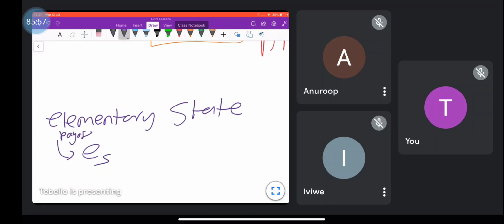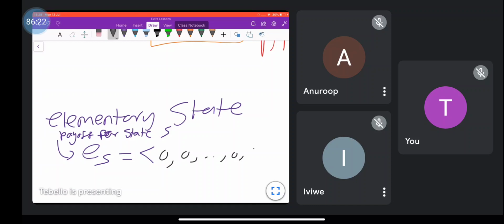This says that the payout for this asset under the state S is going to be 0, 0, 0, up to S, where this one is going to be 1.